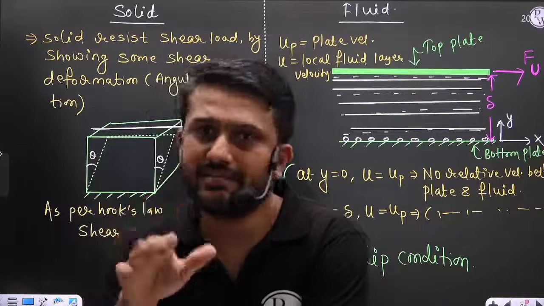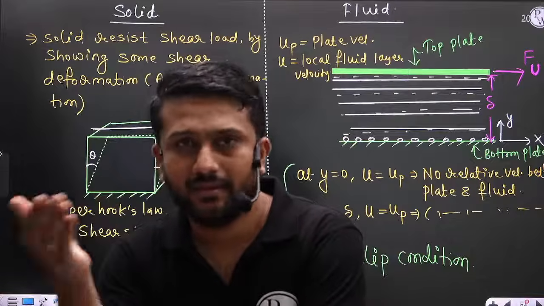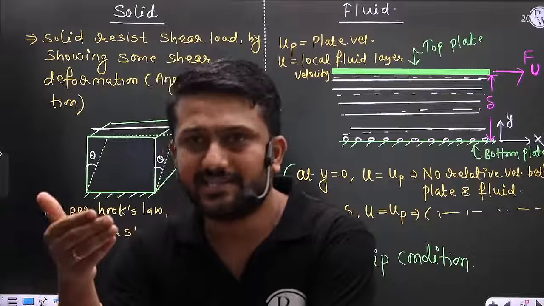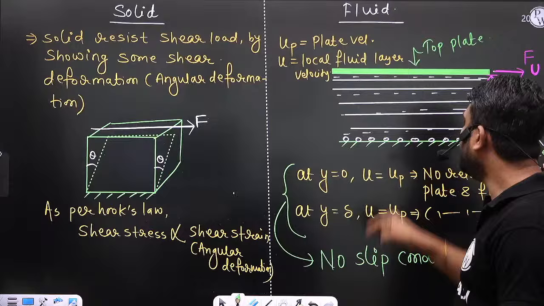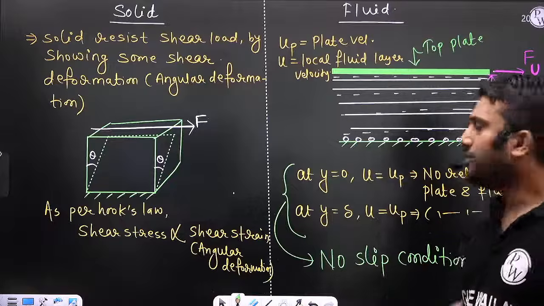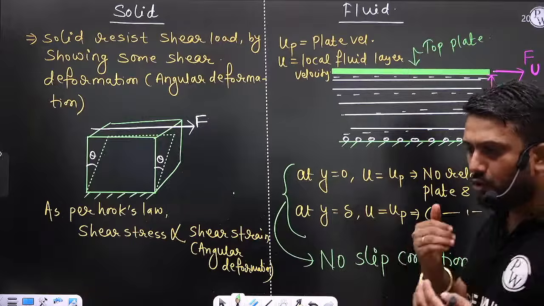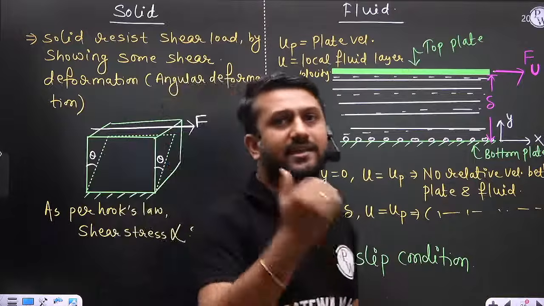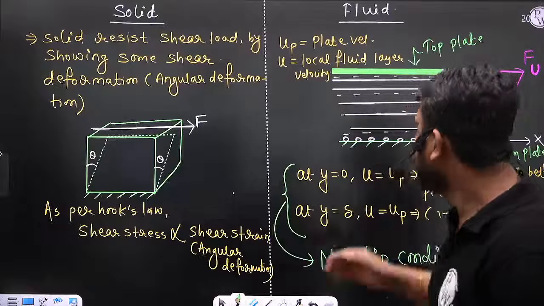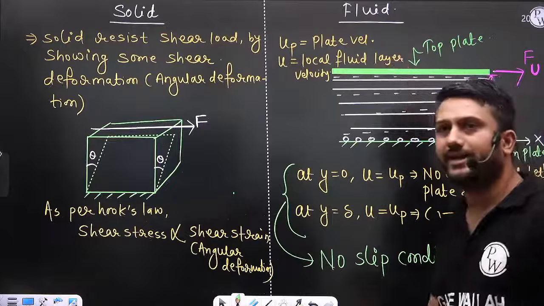Then you say the bottom plate is stationary. That's why this layer also has the velocity of the plate. That means there is no relative velocity between the plate and the fluid layer at y is equal to 0 and at the same time at y is equal to delta.